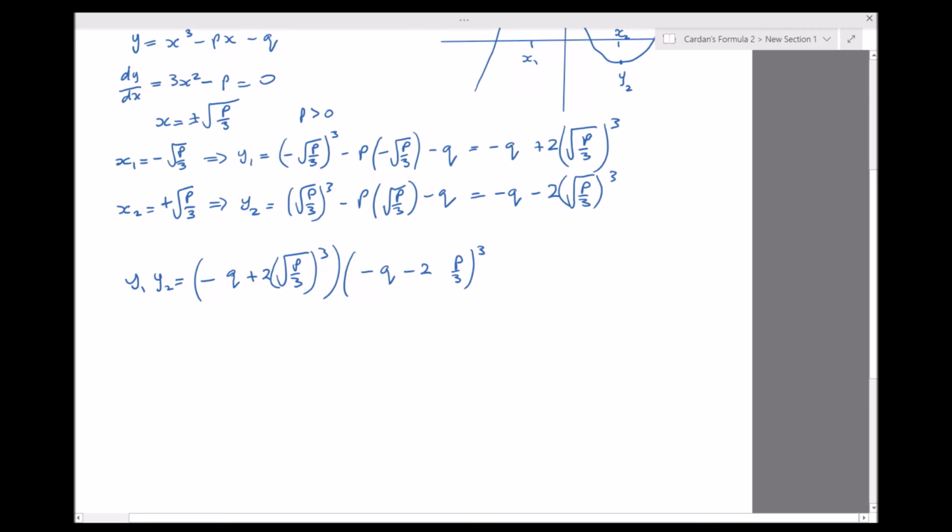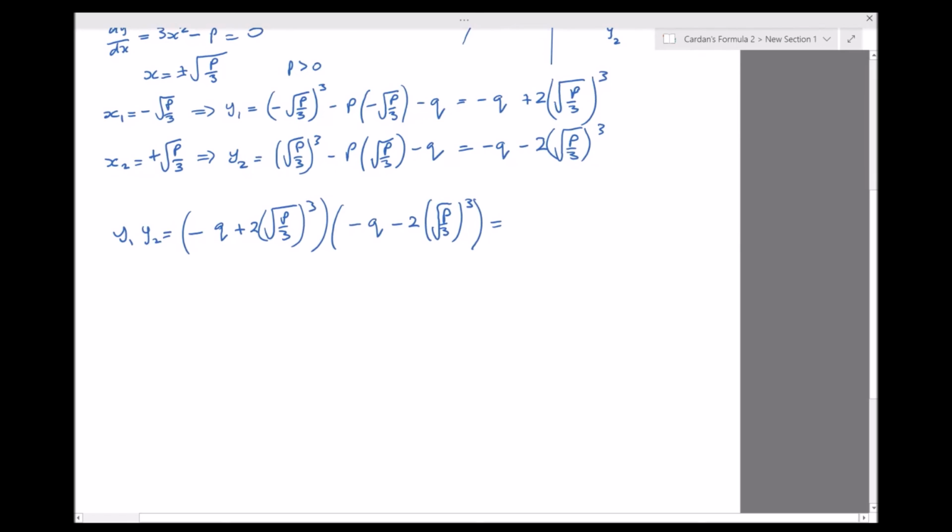Let's make that just a little tidier. This is just a minus b times a plus b, so that is a squared minus b squared. Root times root disappears. I'm just left with q squared minus 4p over 3 cubed.